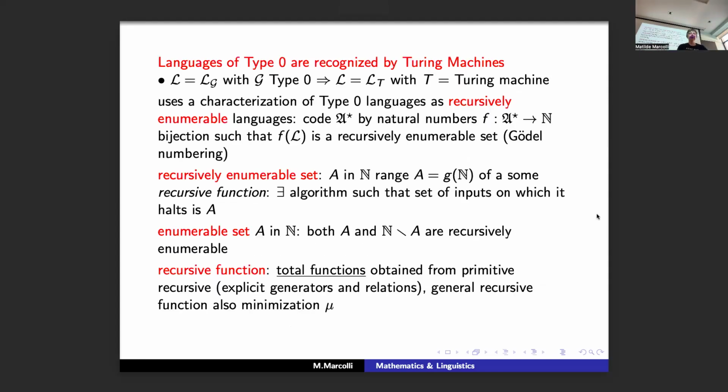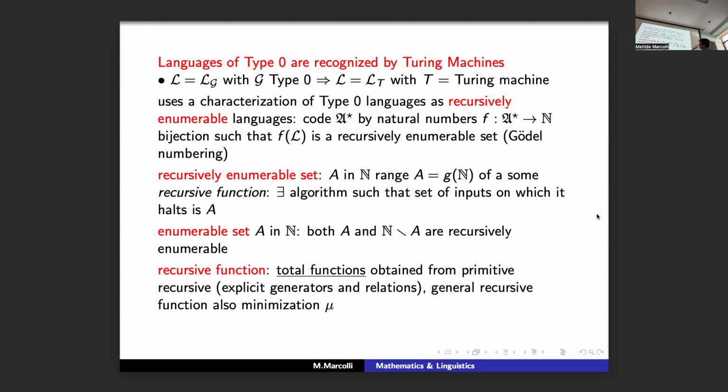So now, what do I mean by a language being of type 0? There are several characterizations in the literature that are shown to be equivalent. I'm just going to cut some and say that I characterize the type 0 languages as being recursively enumerable.